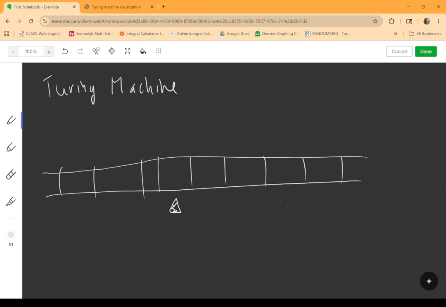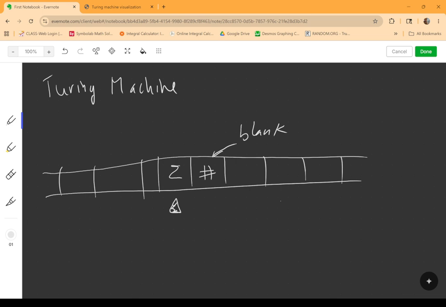Each cell will contain a symbol from the alphabet or the blank symbol, right? So something from our alphabet, or here the blank symbol noted by this pound key.